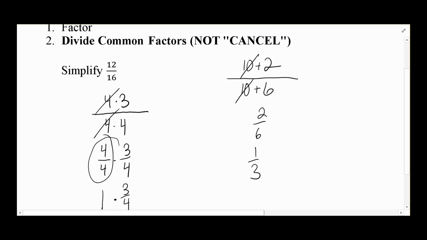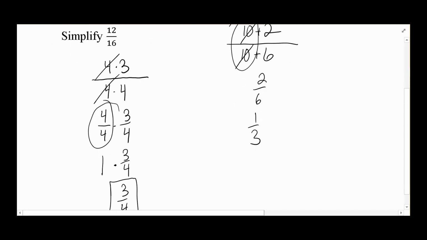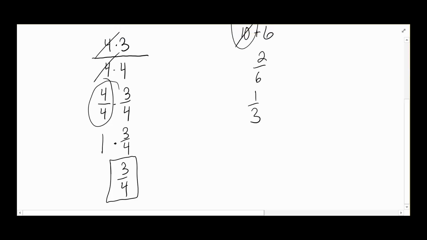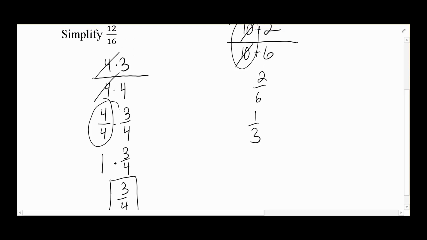What happened here that wasn't good is those 10s can't cancel. What's really happening is we're dividing common factors. If we look back over at what was legally okay, we had 4 over 4 times 3/4. That multiplication was okay only because it was multiplication.